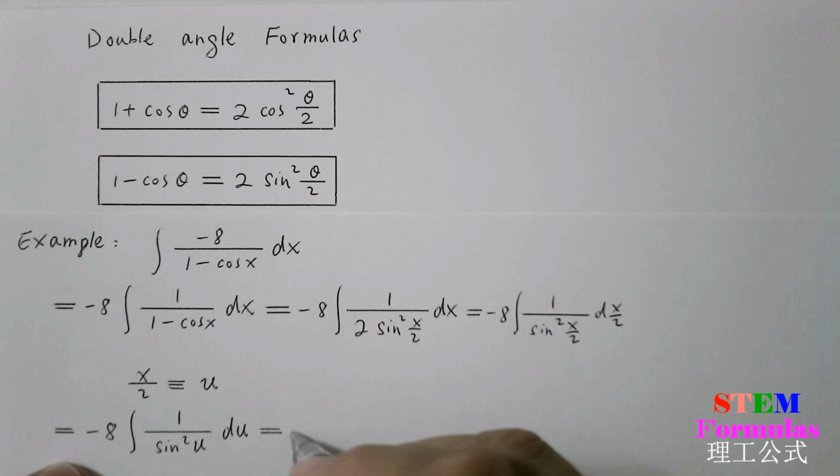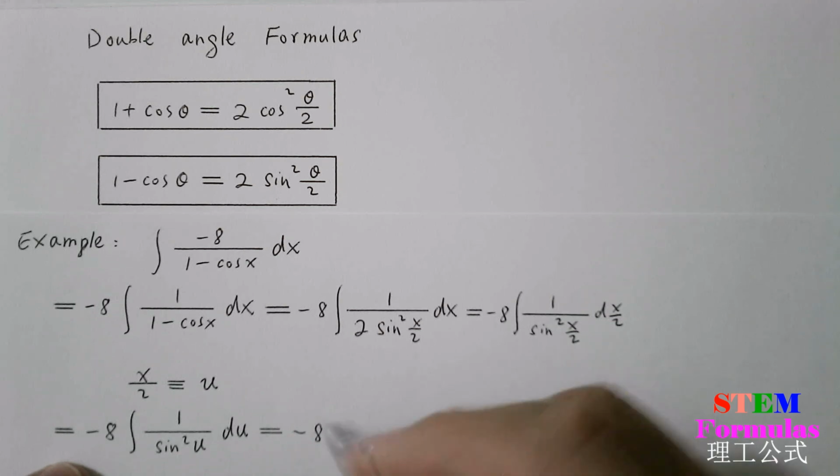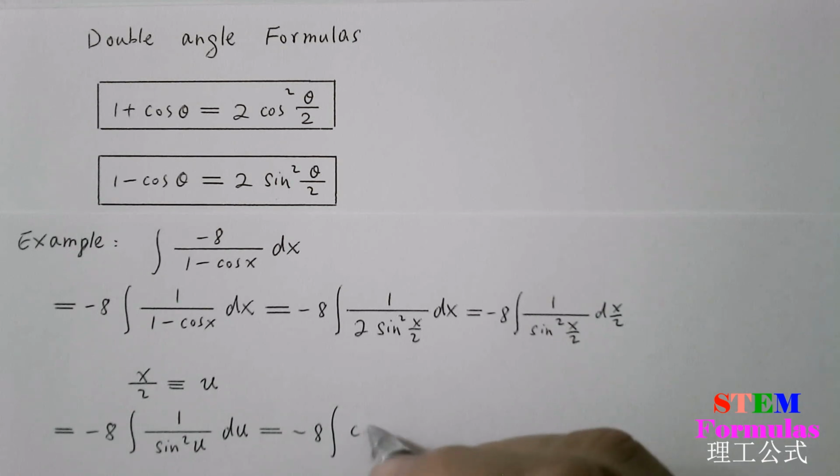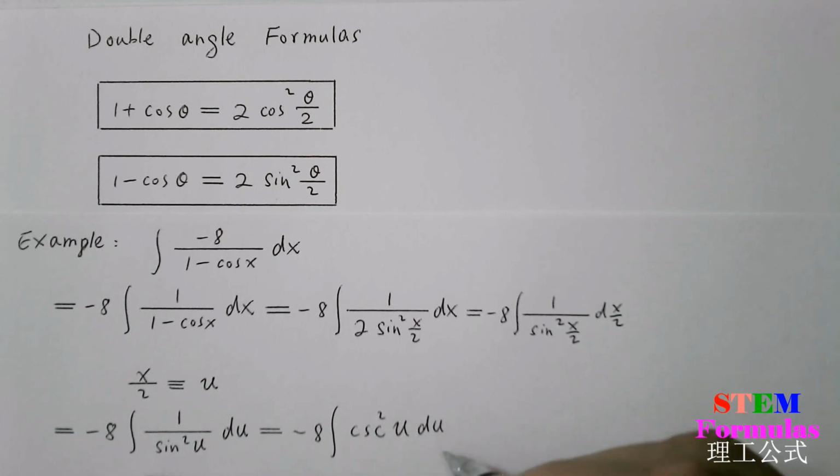So I have here minus 8 times the integral of cosecant u square du.